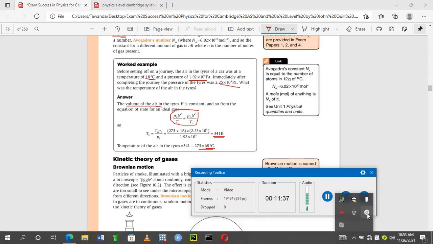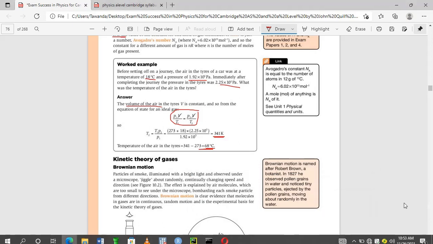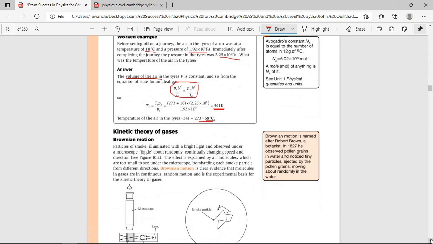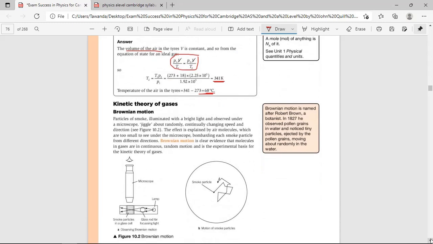Right now, we are moving on to the kinetic theory of gases under Brownian motion. We are saying Brownian motion is named after Robert Brown. He was a botanist. In 1827, he observed pollen grains in water and noticed tiny particles ejected by the pollen grain moving about at random.